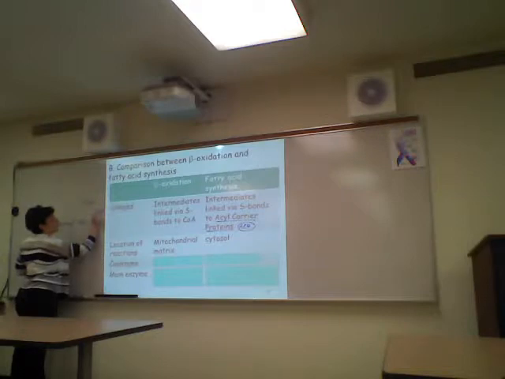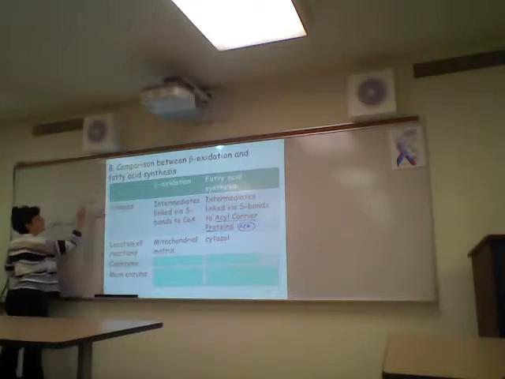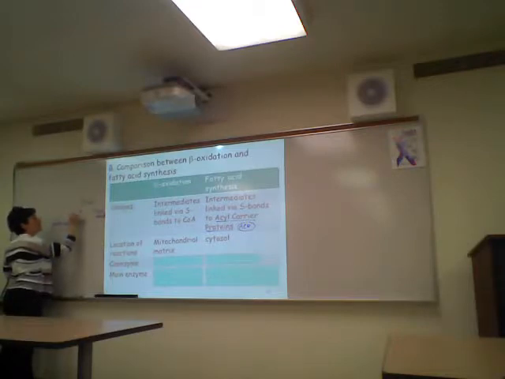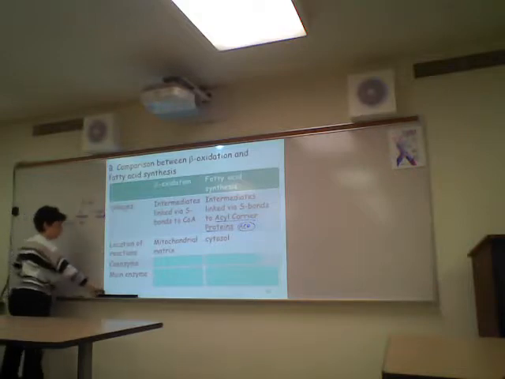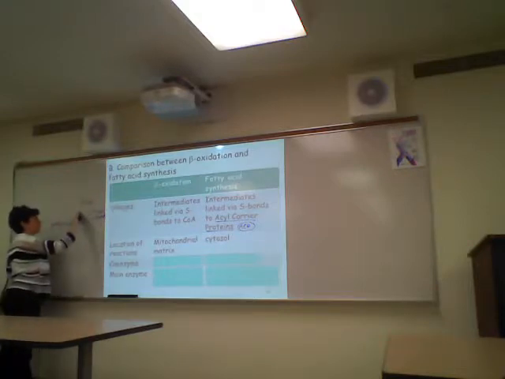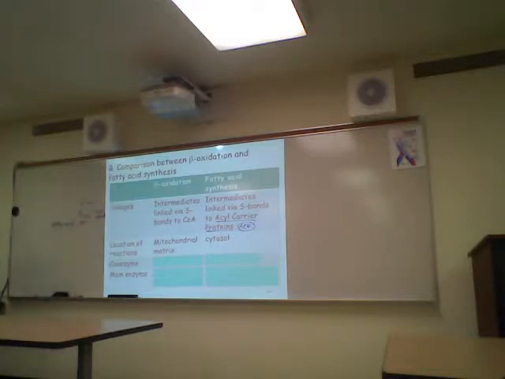If that was in the cytosol, you can make cholesterol, but that same enzyme can make ketone bodies if it's in the mitochondria. So another good way to metabolically separate the two processes is to physically put them into two different parts of the cell.